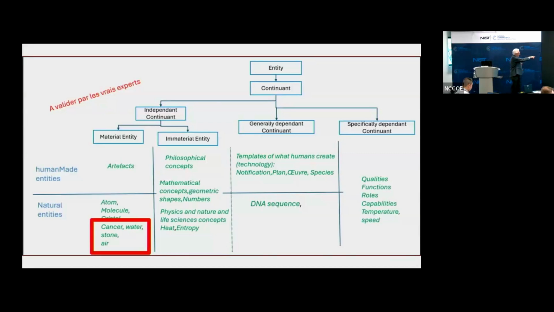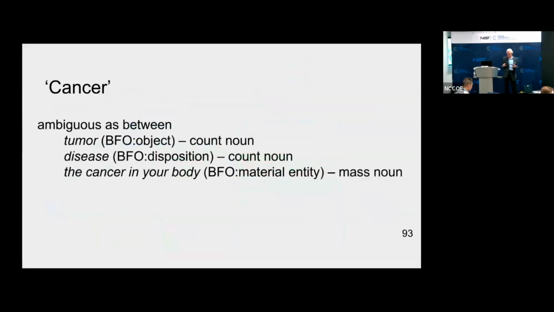All right, the next, well, actually, this is, so Claude has cancer under natural material entities. The problem with cancer, and you have to remember that BFO was born because I and my colleagues were thinking about questions like, what is, ontologically speaking, cancer or a cancer? That's important. So in one meaning, cancer means a tumor, which is an object.